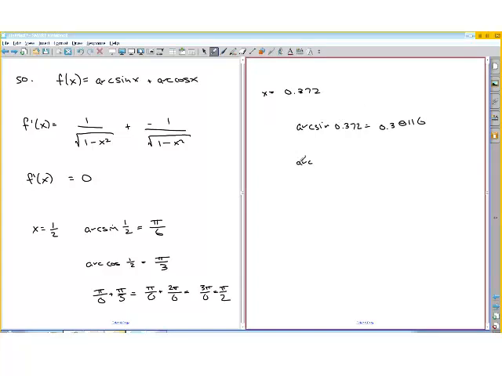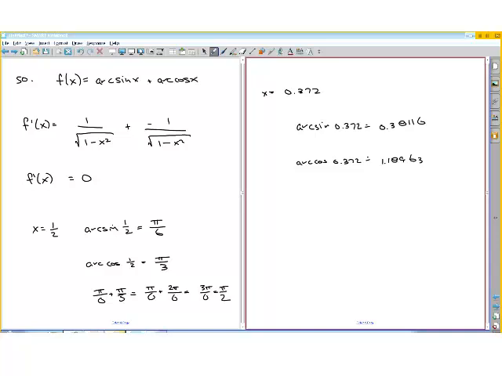And if we do the arc cosine of the same number, 0.372, we get 1.18963.